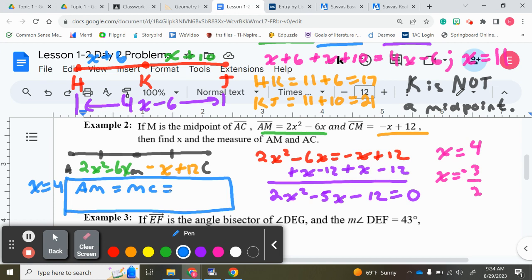Very helpful tools. You substitute them in. What'd you get? Guys, use your calculators, please. Take them out. So what is it when we substitute in 4?